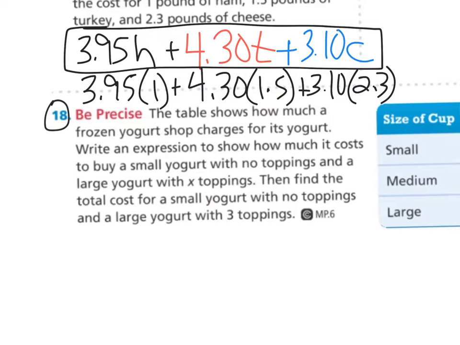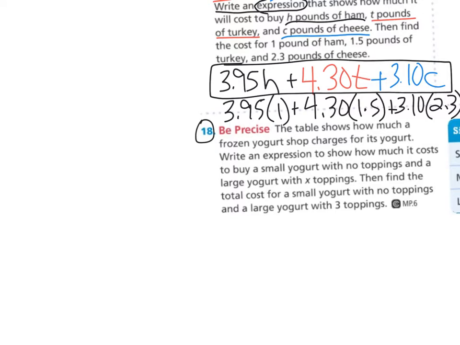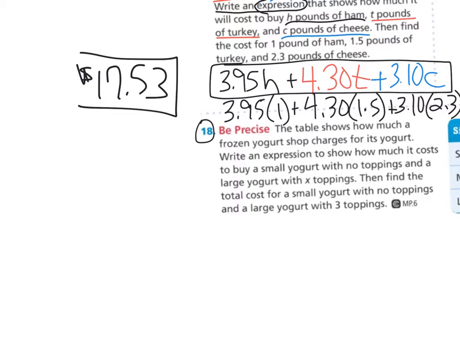And basically, what's going to happen after you work that all out, it's going to be $17.53. Confident you guys can multiply and add decimal numbers together, so that's what we should end up with.